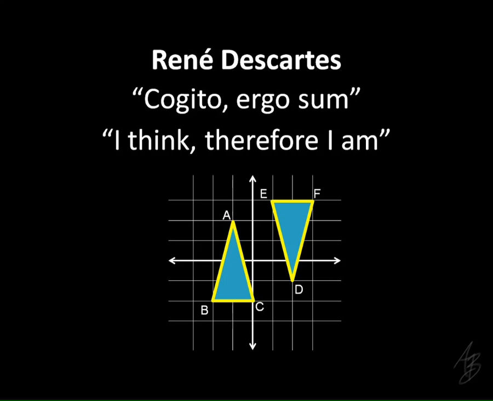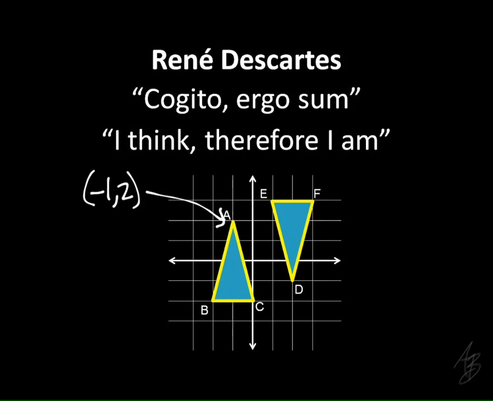So the coordinates of point A would be -1, 2, and that's not an ordered pair the way I have it written. What am I missing? The parentheses, right? We'll get into that more later, but that now gives us a location of A.